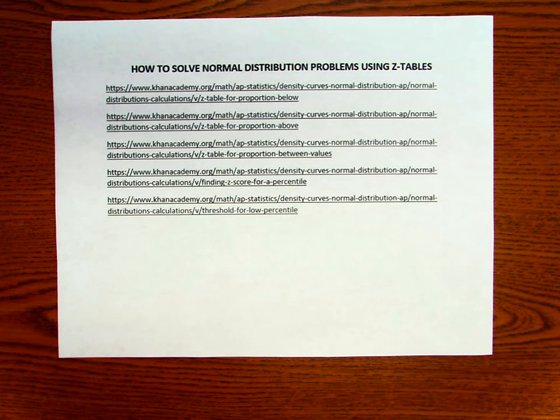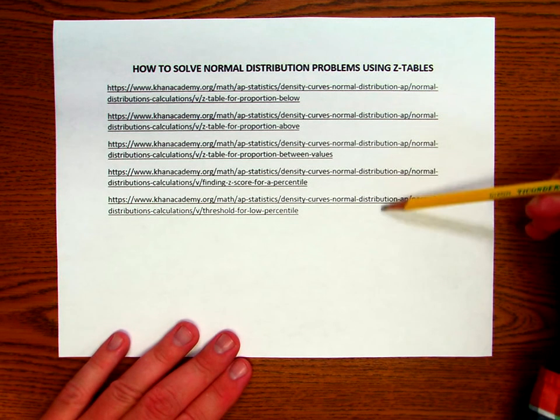If so, maybe it would be one obscure multiple choice question out of 40, in which case, so be it. We're not going to spend potentially hours going over all the different ways you could use z-tables. If you're interested in it and you want to learn more, Khan Academy's got some really good videos. I linked them all here. Check it out on your own. Other than that, we're not going to be dealing with it at this moment in time.